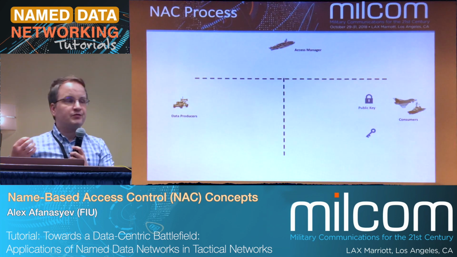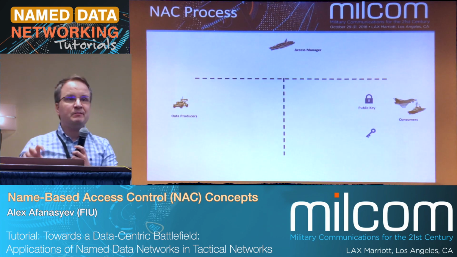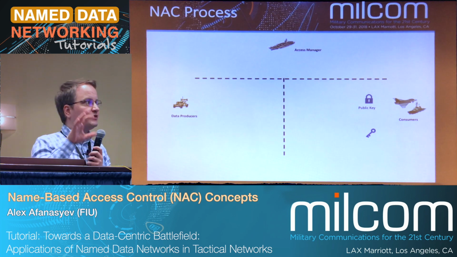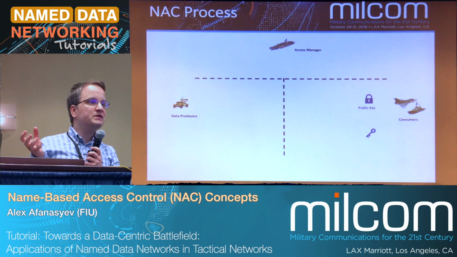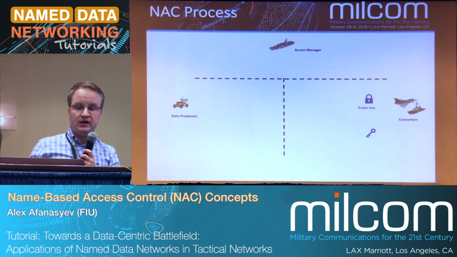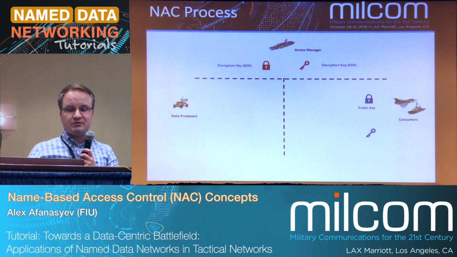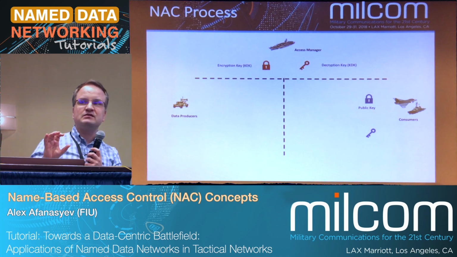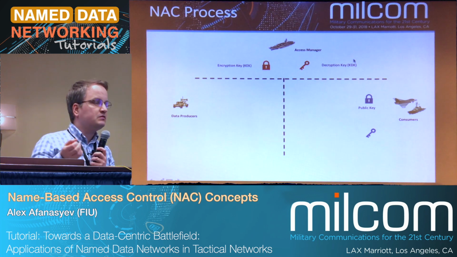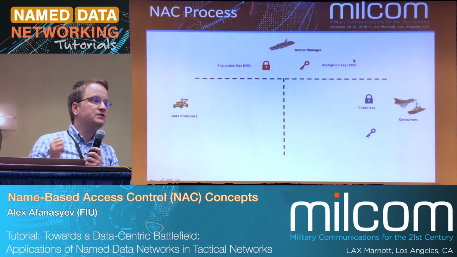Again, to minimize overhead, we designed the system to have a combination of public key cryptography and symmetric cryptography. Specifically, there are several types of public and private key pairs. One important pair is a key encryption key and key decryption key.